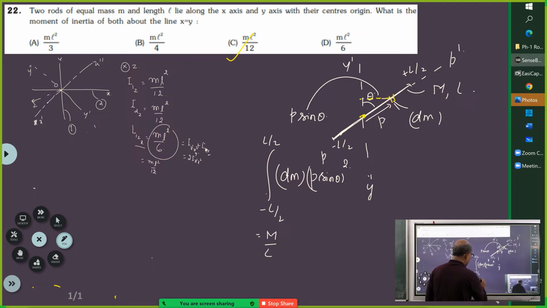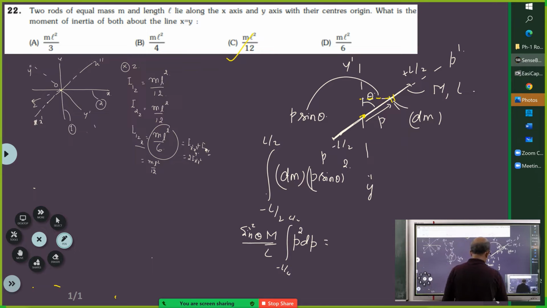M by L will come out of the integration from minus L by 2 to plus L by 2, and instead of dm we write dp. In this case sin theta is constant, so you get p squared dp, and sin squared theta comes out. Then you perform the integration, getting M p cube sin squared theta by L, with limits of integration minus L by 2 to plus L by 2.